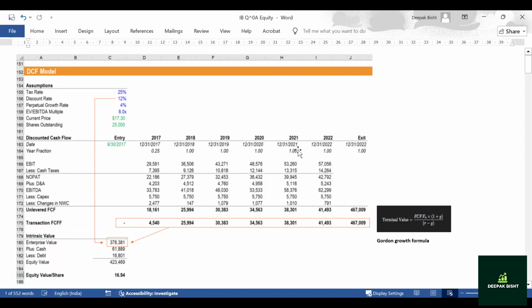We first project the future cash flows and then discount them back to the present value. This is the first thing DCF means. We forecast for a period of 5 to 10 years, and then we estimate a terminal value.